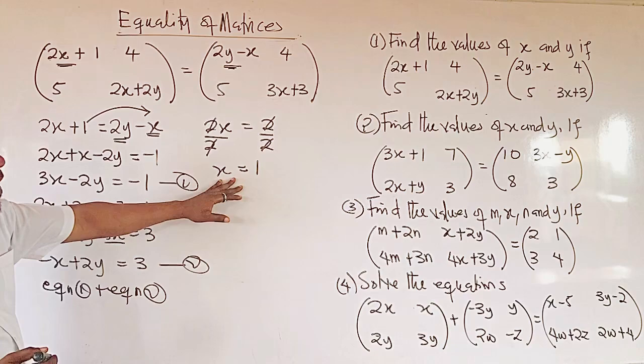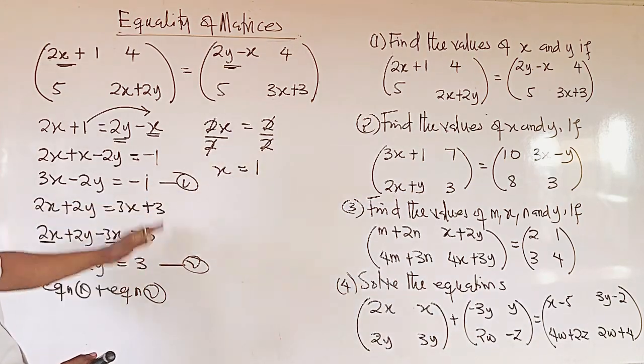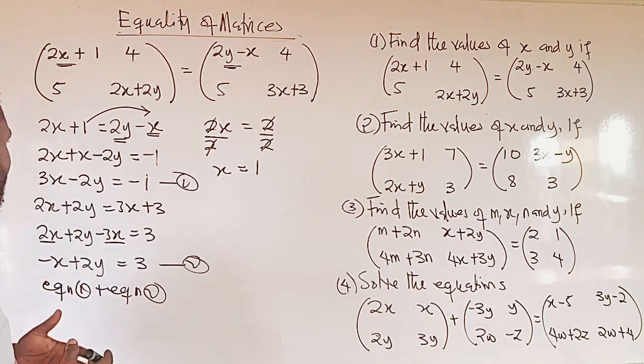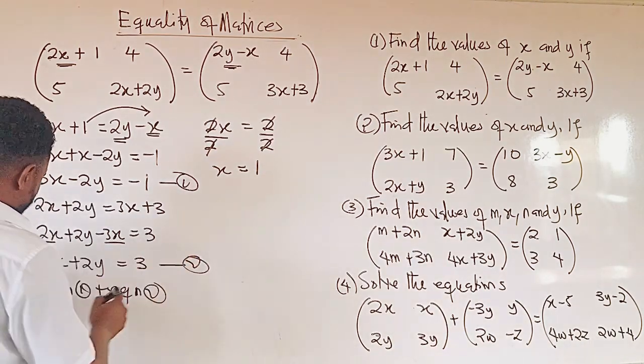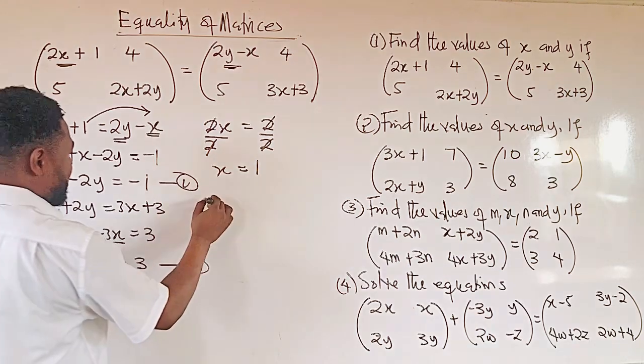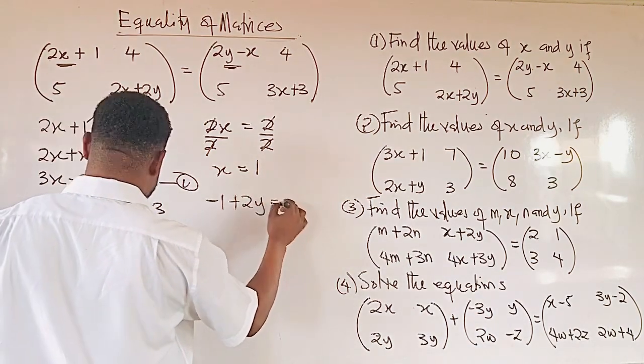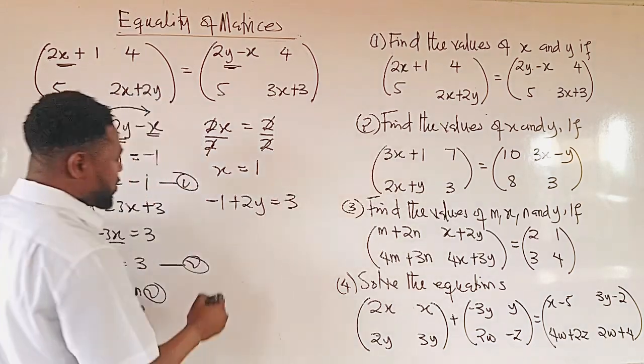Now that we get our x, we fix it into any of the equations to get our y, all right. So we can fix it into equation 2, all right. But here it is minus x, so I'm going to have minus 1 plus 2y equal to 3, all right.